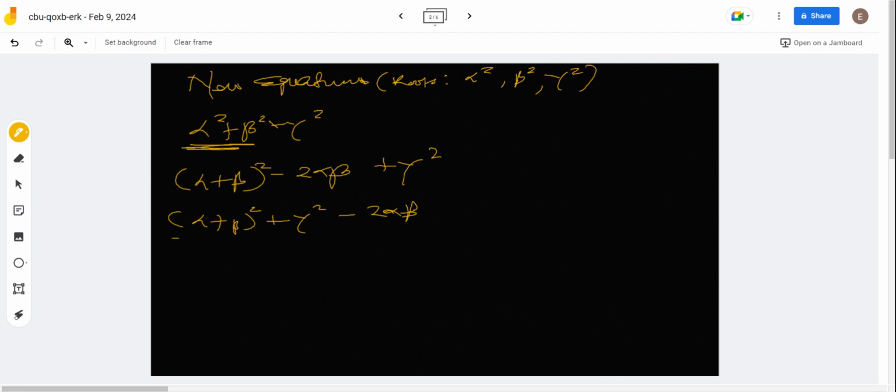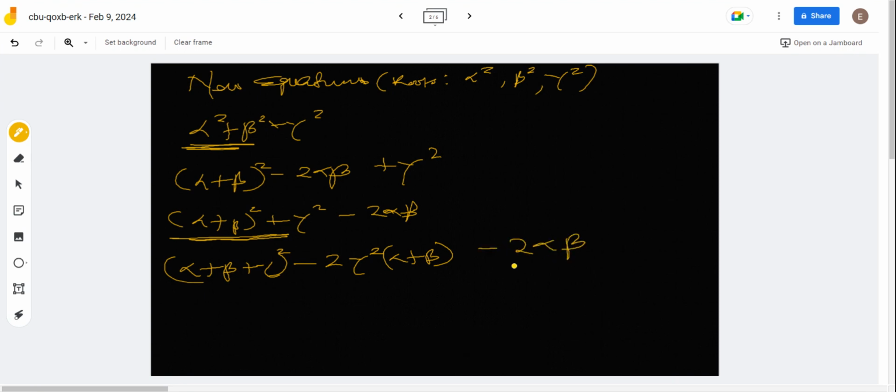These two still constitute a sum of two squares. We can write that as alpha plus beta plus gamma all squared minus 2 gamma times alpha plus beta, and then minus 2 alpha beta.